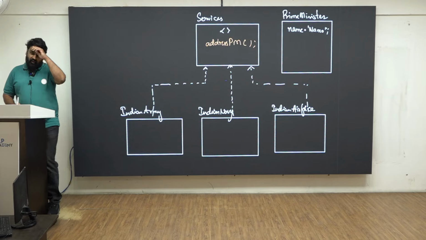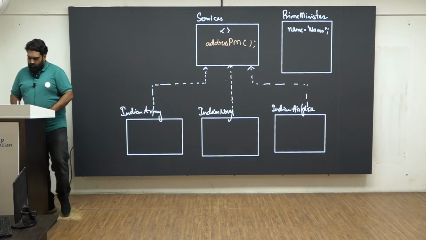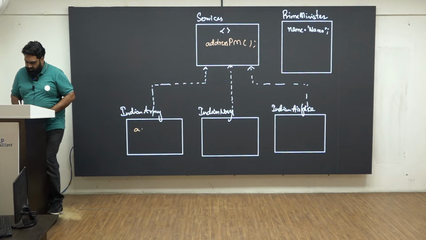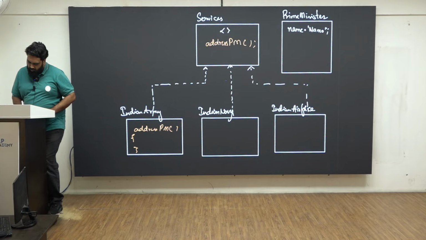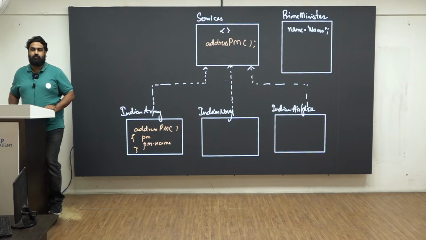And what will this address Prime Minister method do? In the Indian Army, it will override addressPrimeMinister. It is going to create an object of PM and display the PM dot name.